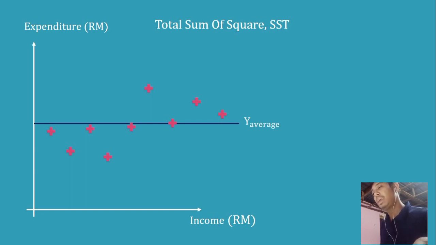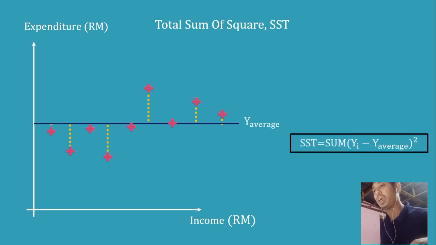We notice there is a gap between the mean value and the actual y. From this difference we create the formula of the total sum of squares, where the difference between actual y and the average y is squared, and the squared differences are summed.